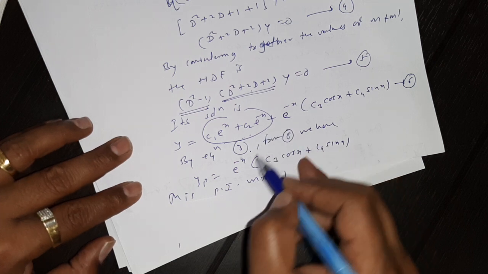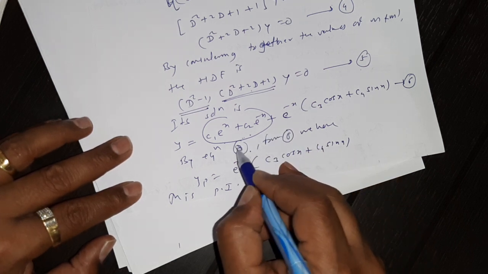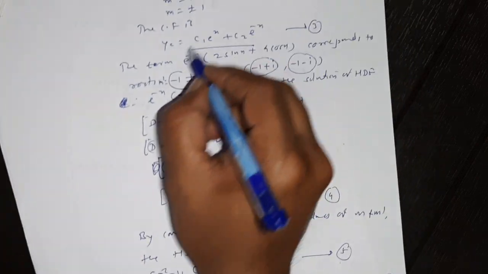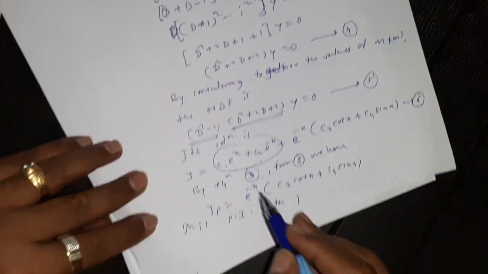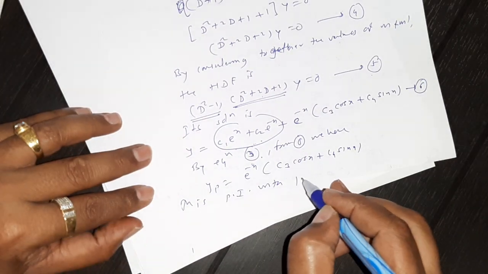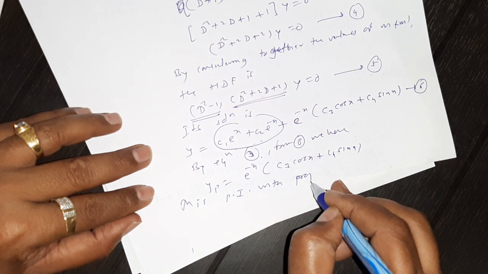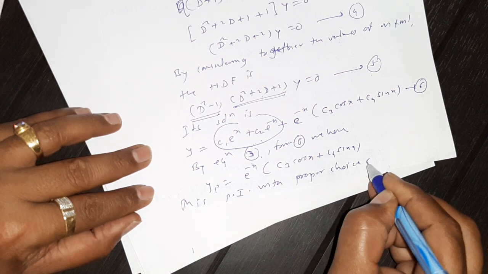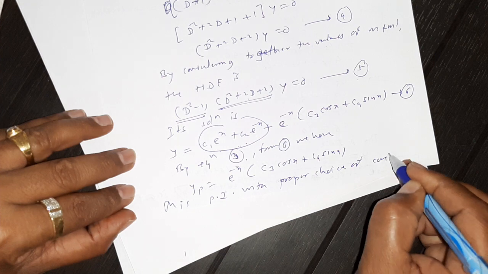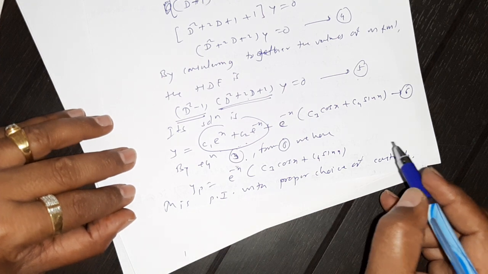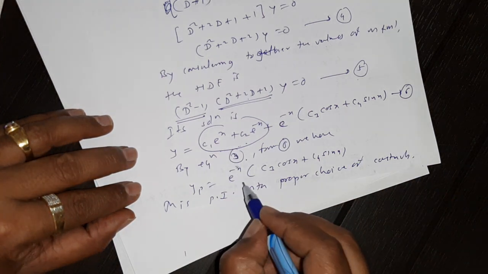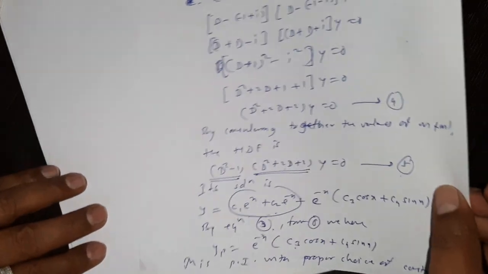By equation 3, that is by deleting this part, we have the particular integral with proper choice of constants, that is, find these constants c3 and c4.